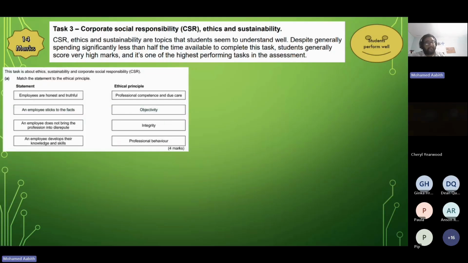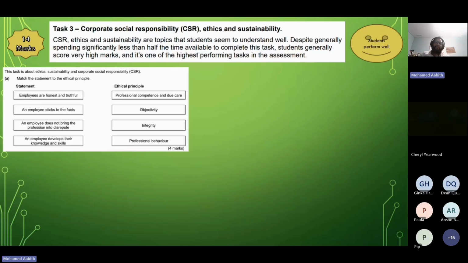Again, they are theoretical. Here, they're talking about the fundamental ethical principles. There are 5. If you already know them from your previous level 1 knowledge, it goes as POPIC. That's why I call them POPIC. It is professional competence and due care, objectivity, professional behavior, integrity, and the C of POPIC is confidentiality.